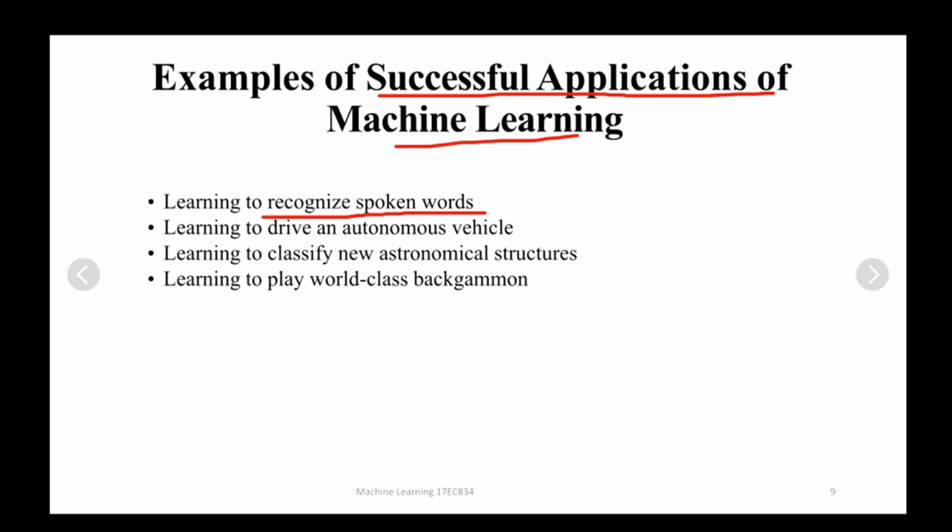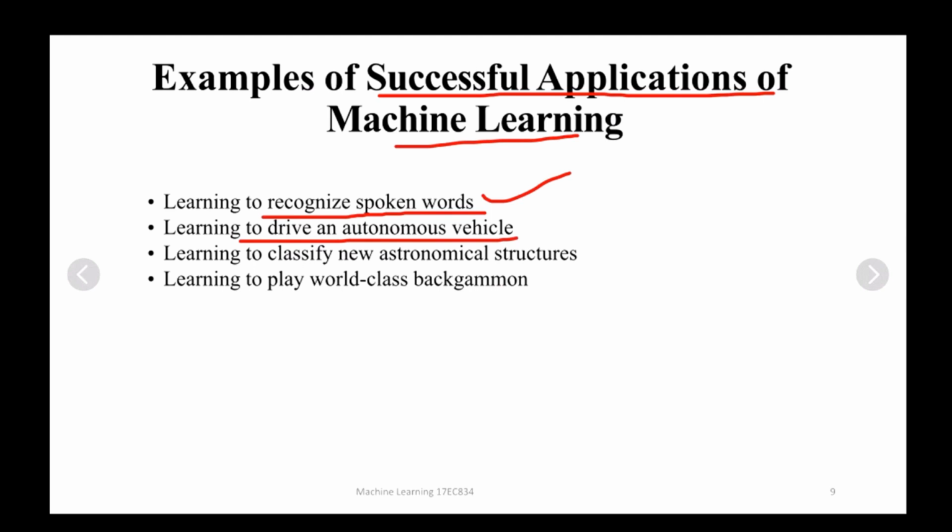Learning to drive an autonomous vehicle: this is still under process, and a few companies have successfully conducted the experiment also, but before coming into the market, some more testing and real-time experience is required. An autonomous vehicle is nothing but a vehicle without a driver that can take you wherever you want.